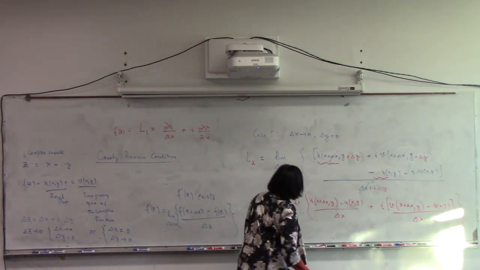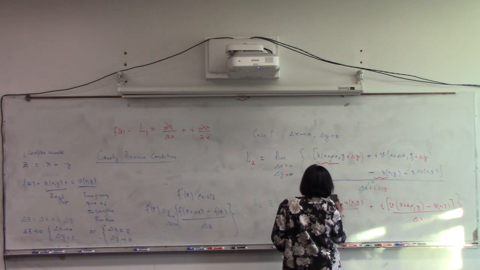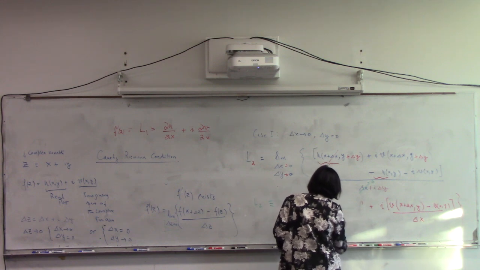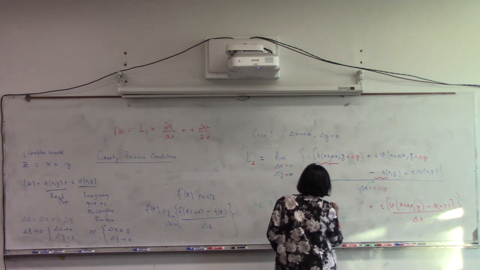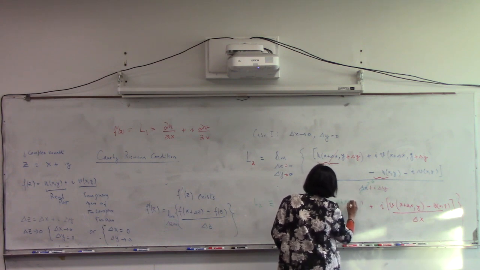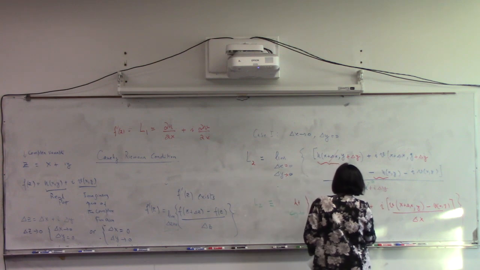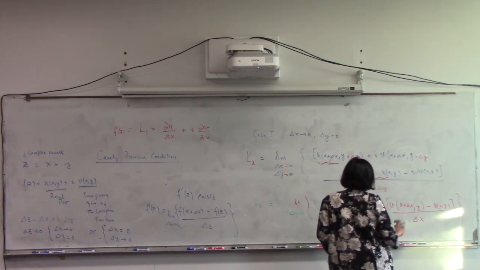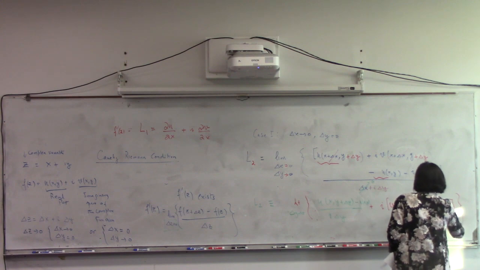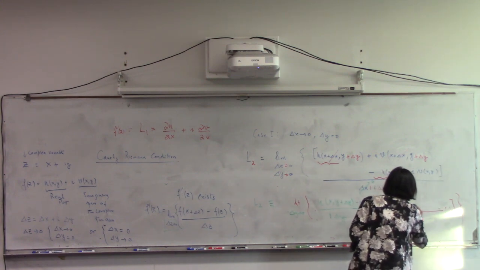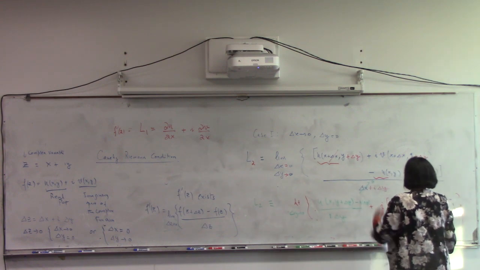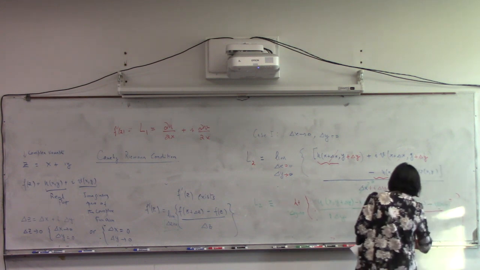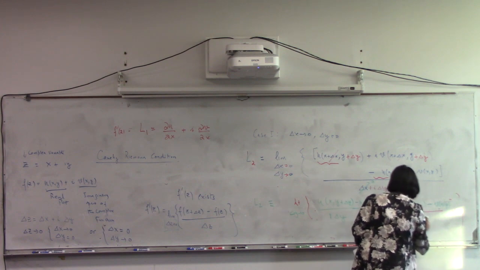I can replace this by i delta y in the denominator, u of x, y plus delta y minus u of x, y, and this term will become what? i times v of x, y plus delta y minus v of x, y, and I have in the denominator i delta y.